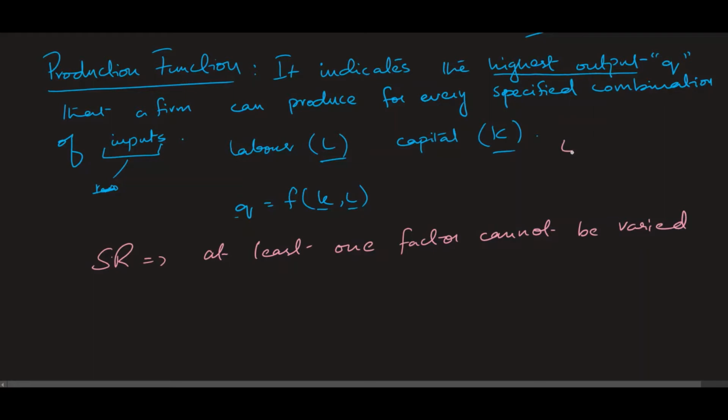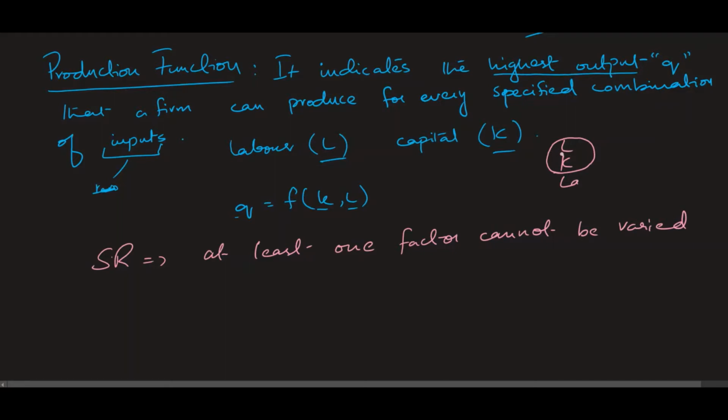There are different factors of production. For example, in our case we have discussed labor and capital, which is denoted by capital K. We also have land and others, but for simplicity we are just going to see different combinations of labor and capital. But here we are saying that at least one factor cannot be varied.